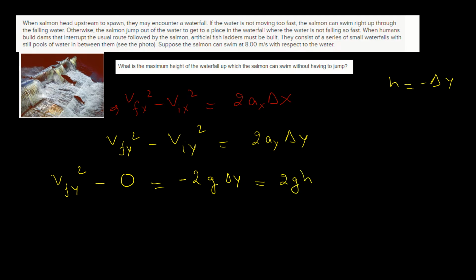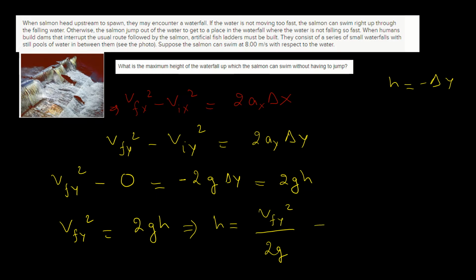So now our equation is v_fy squared equals 2gh, and from this we can say that h equals v_fy squared divided by 2g, and this is what we need to find, the maximum height h.